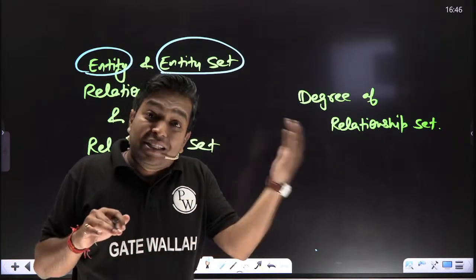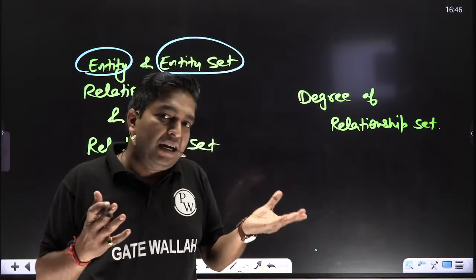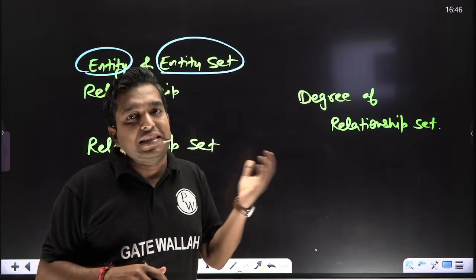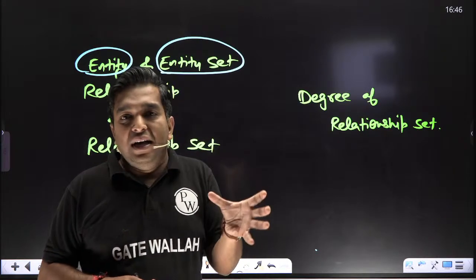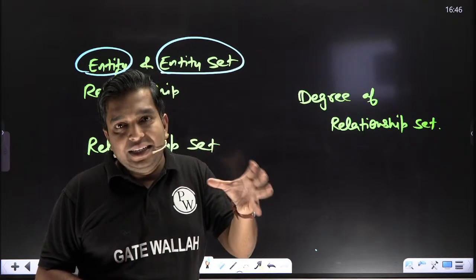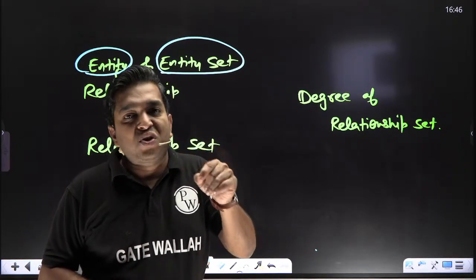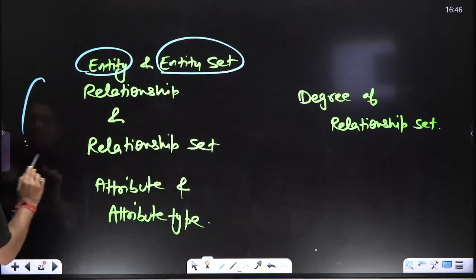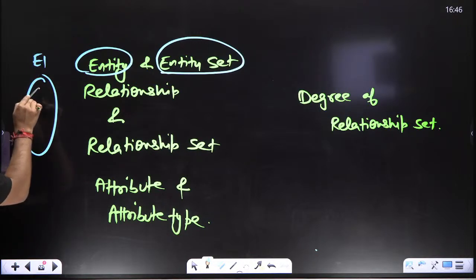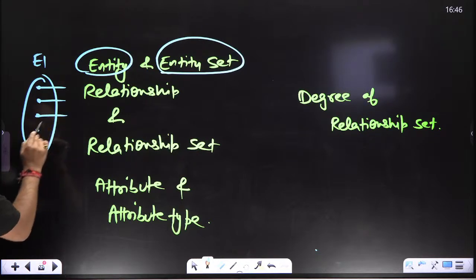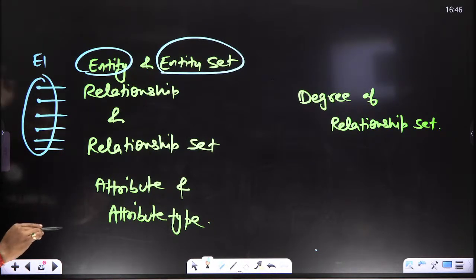If you are talking in RDBMS terms, schema is an entity set and each instance is an entity. In discrete mathematics, a relation set is an entity set, and every element is called an entity.